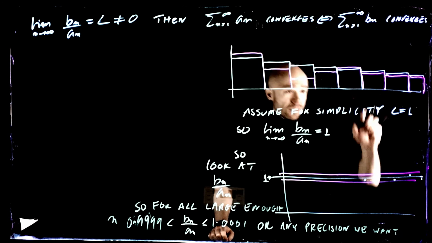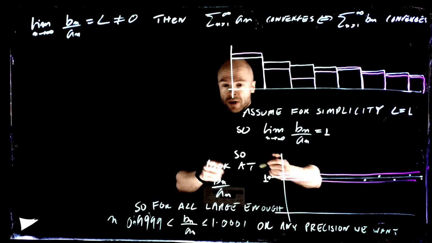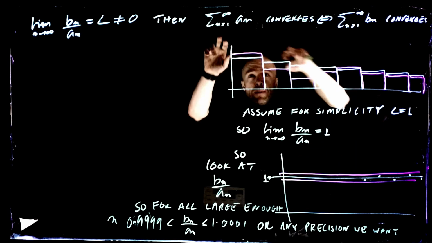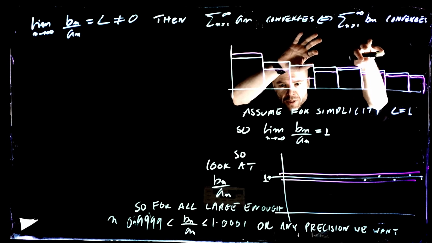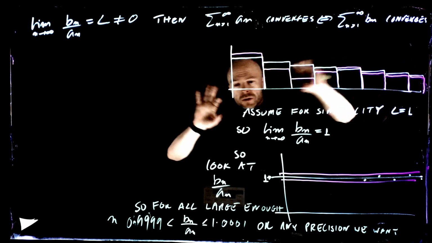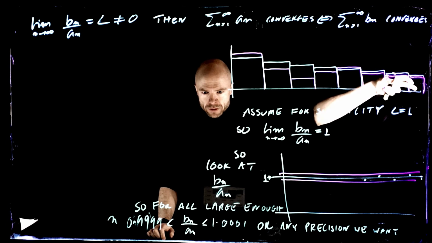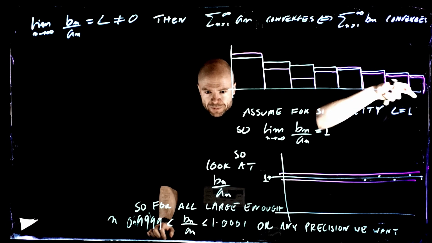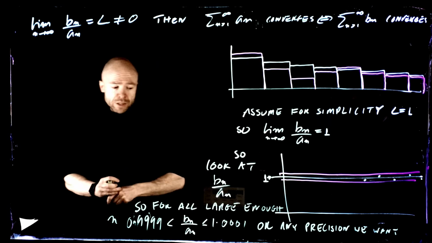All right, so if this is our picture, then it seems very natural to us that whatever is happening with respect to an will also be the case for bn, because we can hardly tell the difference between these two series as we let n get bigger and bigger.